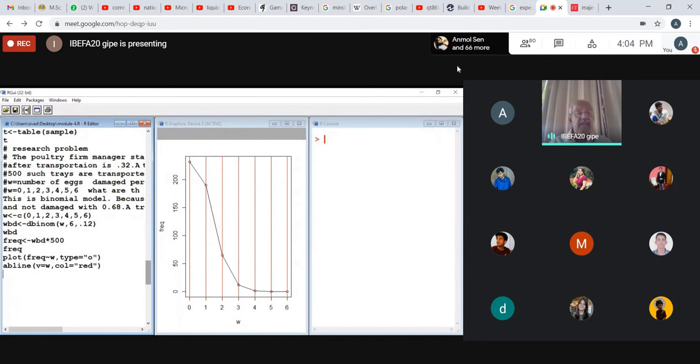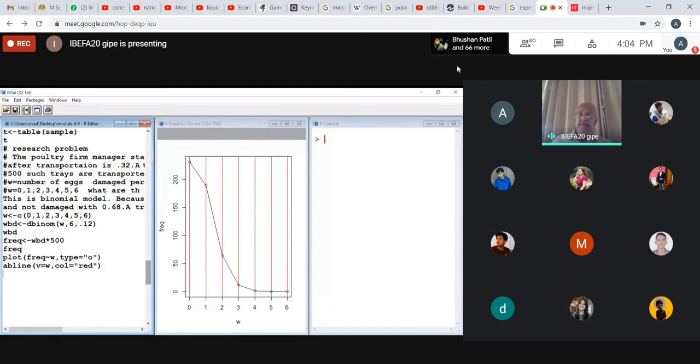In this tray example, a single tray is a binomial experiment. 500 trays are the same binomial experiment repeated.